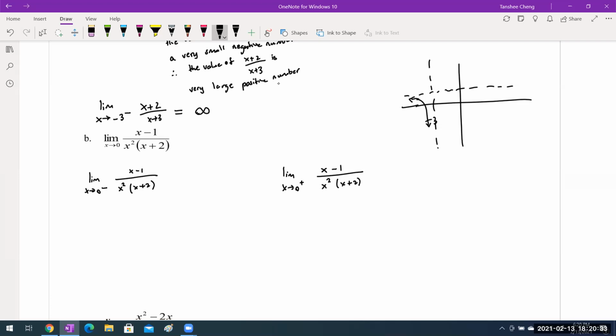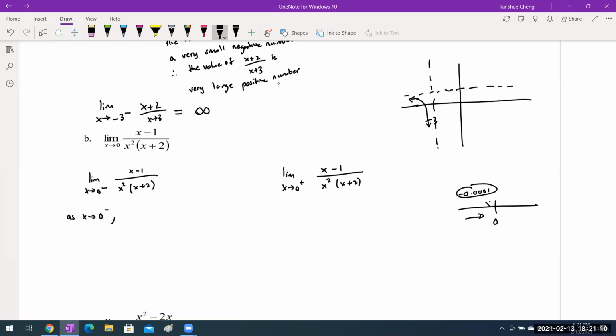So let's start with the left-hand side. As x approaches 0 from the left-hand side, I can think about 0 here, approaching from the left-hand side, so the number right here is very close to 0, like negative 0.0001. When I plug this number in, let's think about it. Again, this is one particular case, and we need to write it in general, but we can get directions from this one particular case.